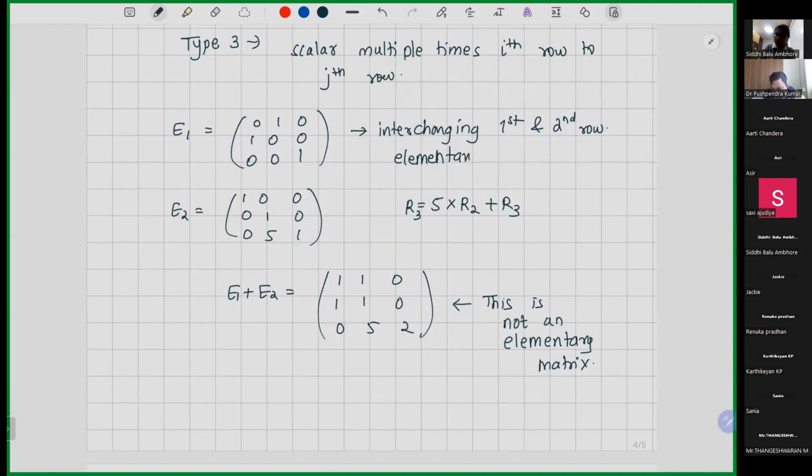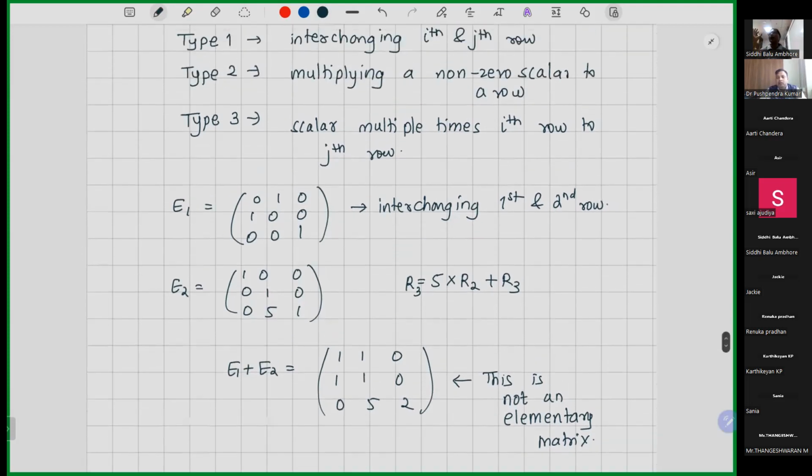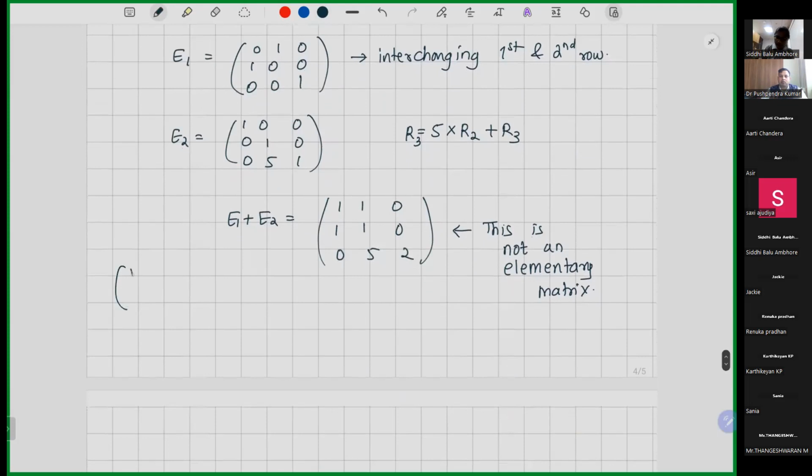How is it told that E1 and E2 are elementary? How are elementary matrices obtained? It is obtained by applying one row operation to the identity matrix.